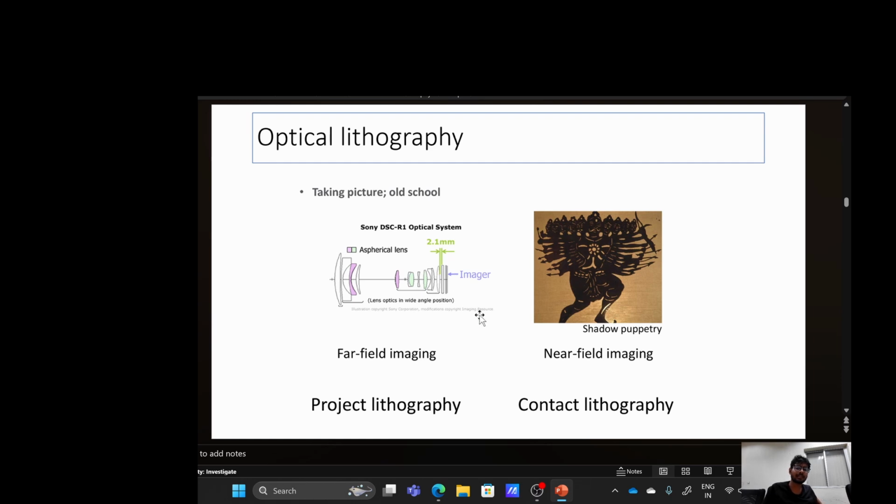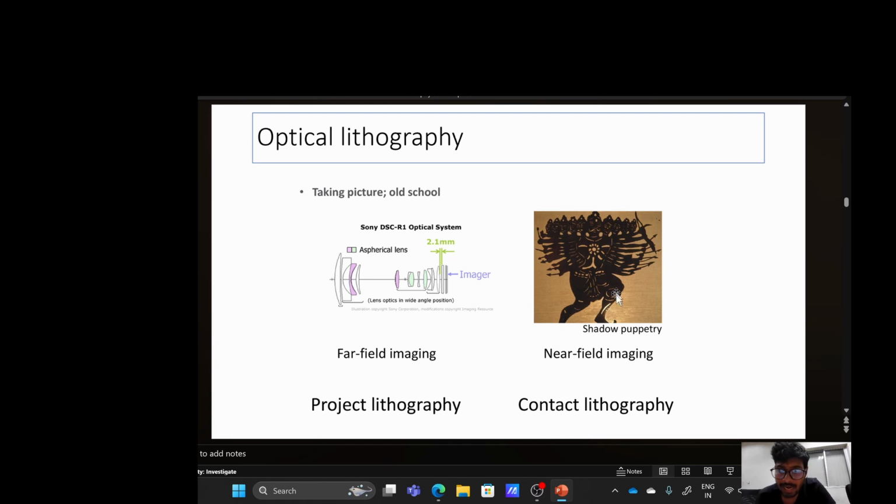In projection lithography, the object is very far from the lens. This is known as far field imaging, and here is the imager, which is very far.